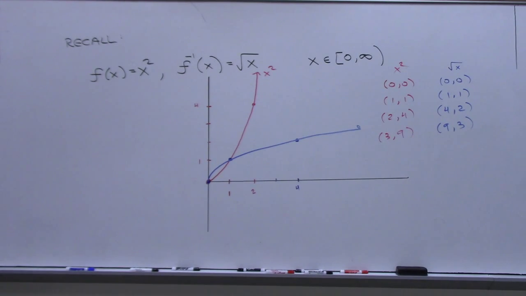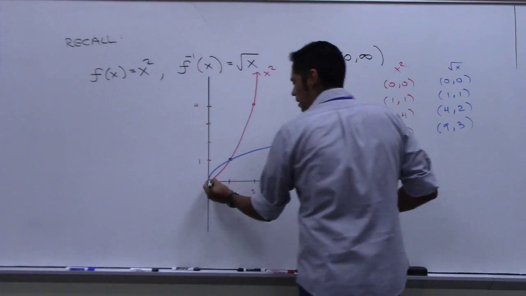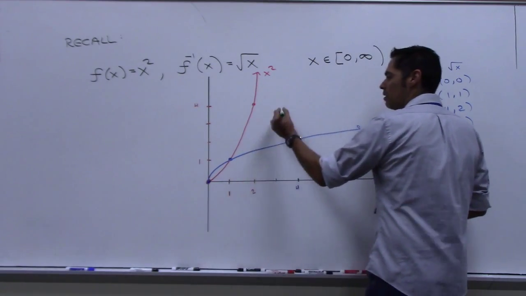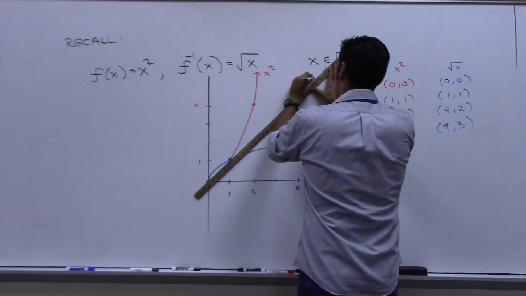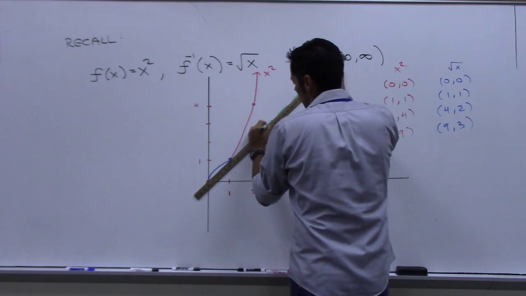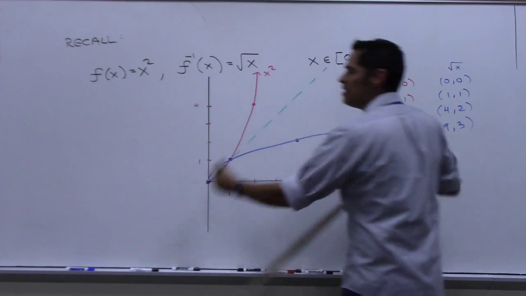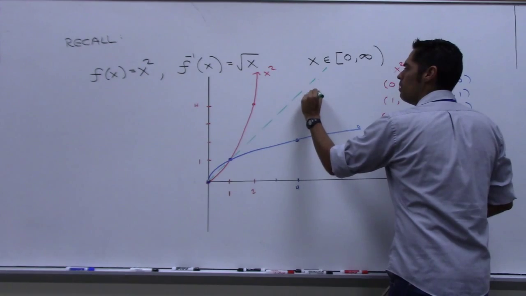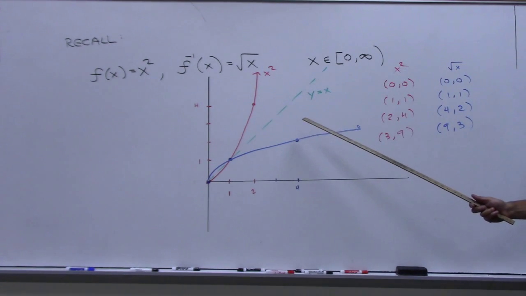A reflection over x. Okay, so yeah, there's something, they look almost the same, don't they? If we were to take this dotted line that goes diagonally, so it goes like this. Now, there is actually a function that is the diagonal. That was the function y equals x, or f of x equals x. That's the identity function, right?